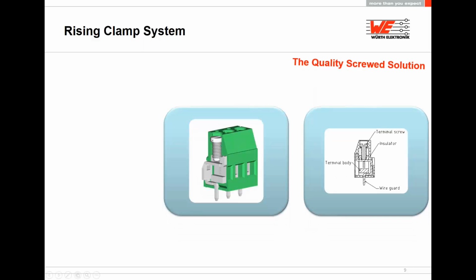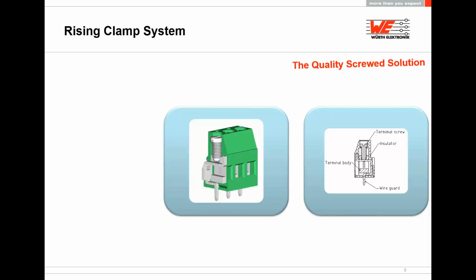Now we're going to talk about the rising clamp system, which is the higher quality screwed solution. It works the same way in a sense, but not exactly the same. When you have a flathead screwdriver and you turn the screw, it's not going to go down.